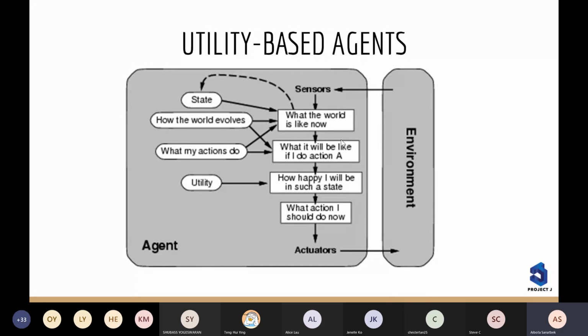But it also takes into account how well, for example, if we have a utility function which is happiness, it will consider how happy I will be if I reach this state. So it will decide its actions based on that input.